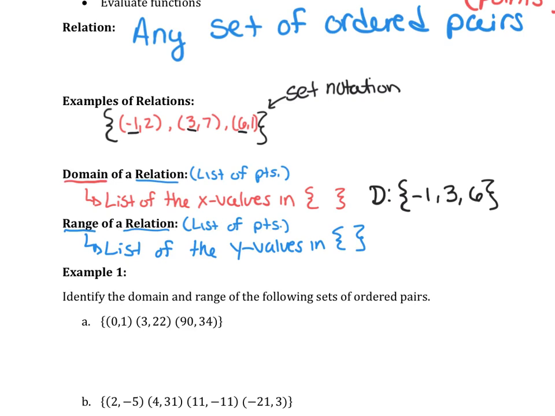So again, for the example, we'd have our range and then the fancy brackets. And our range is the numbers 2, 7, and 1. I like to put them in order, but you don't have to as long as you have all of the numbers within those brackets.